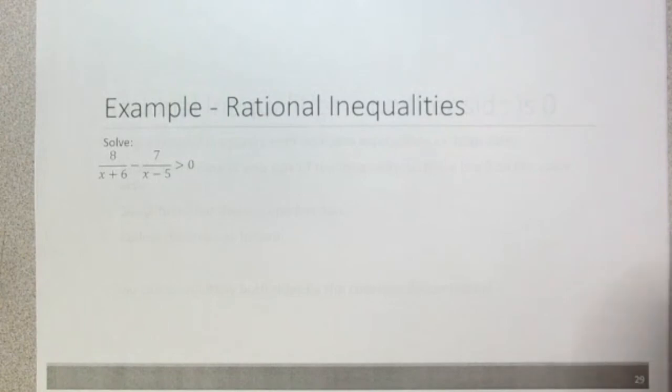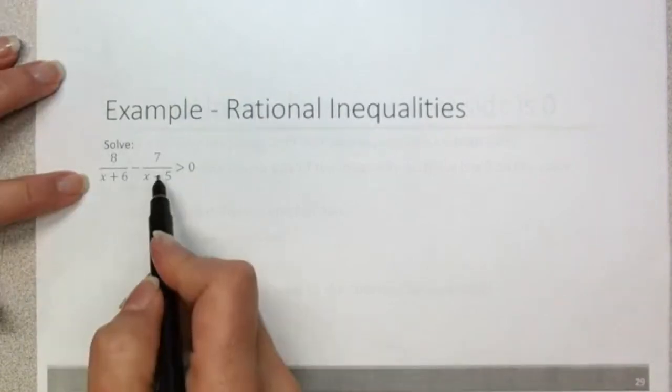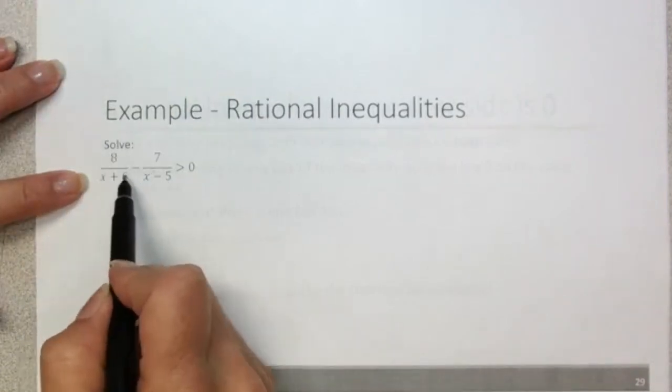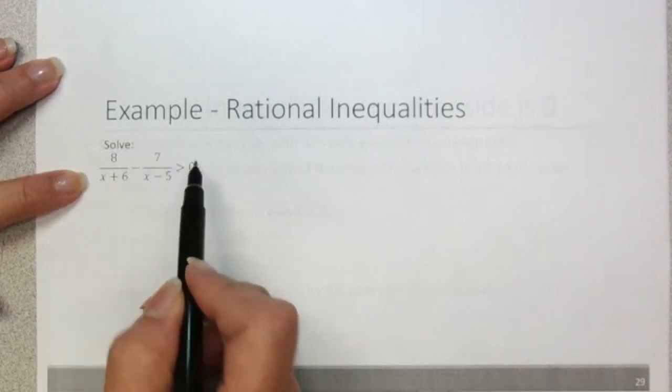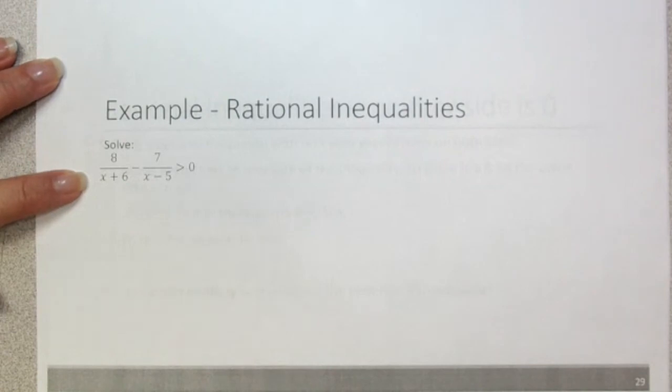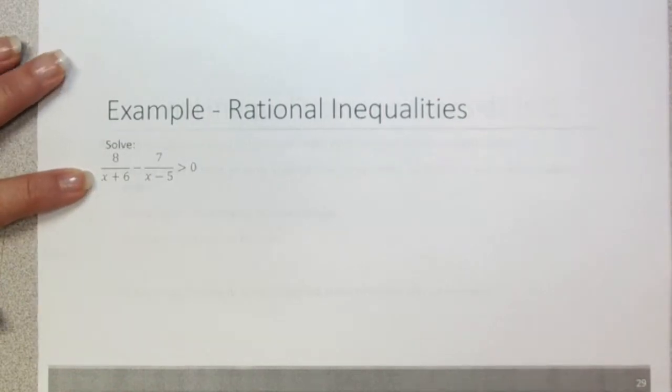All right, so here's our example. 2 terms. First term is 8 over x plus 6 minus the second term, 7 over x minus 5, and it's greater than 0. So we need to combine these 2 terms into one, or we need to subtract these rational expressions, and then we'll solve the inequality.